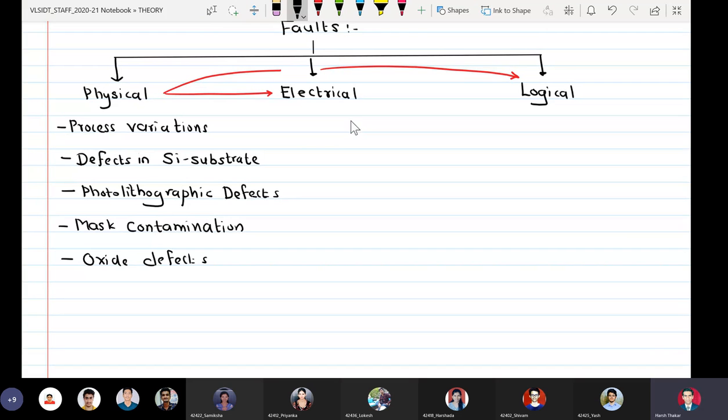And due to this, the different electrical faults which occur are shorts, opens, that is short circuit and open circuit.